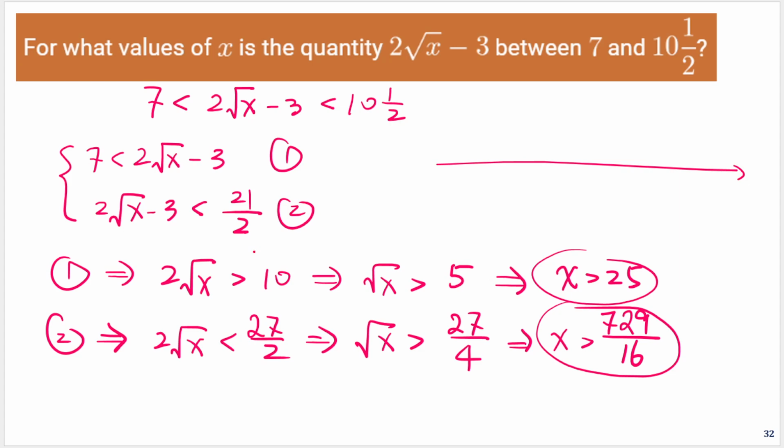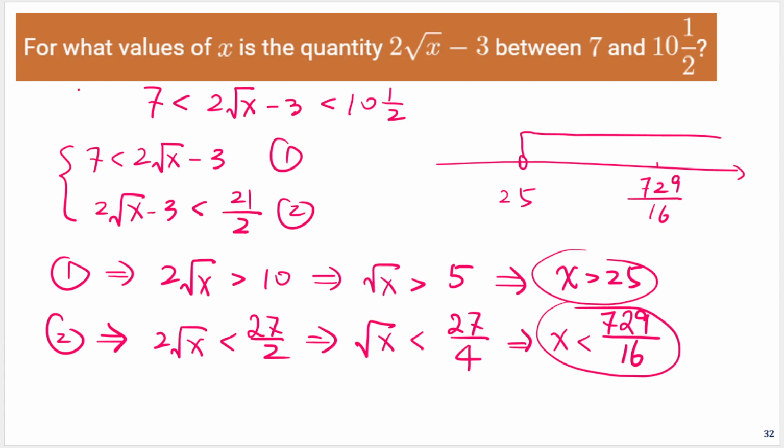Apparently the second number is larger than 25, so if 25 is here, then that's 729/16, right? The first solution states that x must be to the right side of 25. The second solution states that, oh sorry, I made a mistake here. There's a typo. This should be smaller than, not larger than. Sorry about that.